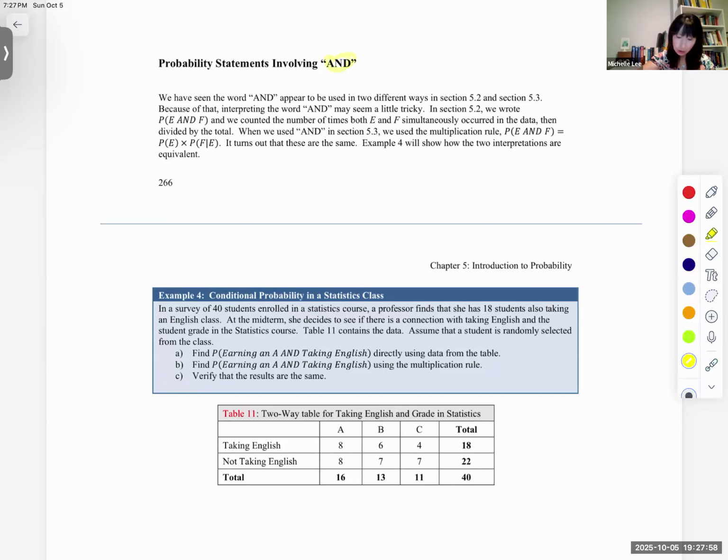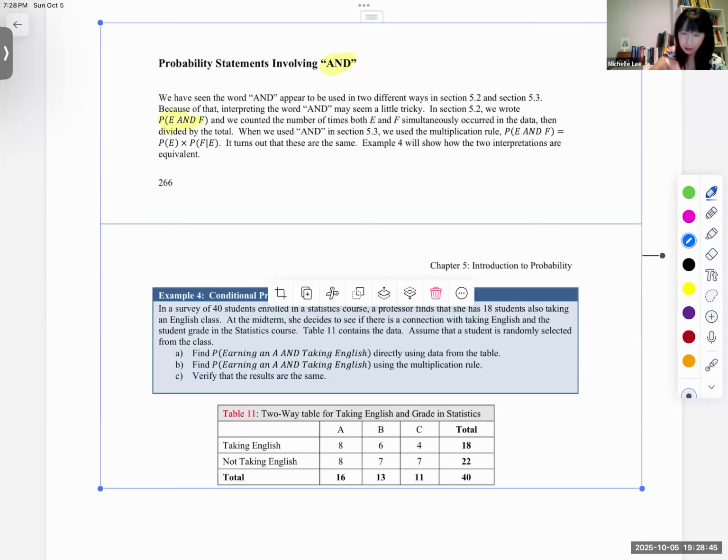Let's take a look. So recall the probability formula. If we have the N part, what is the probability of E and F? What is the probability of E and F? We just overlap, right? E and F?